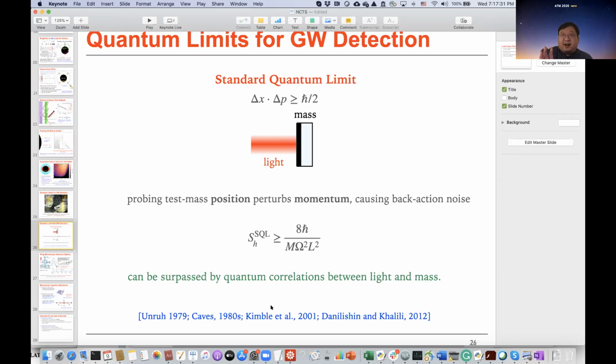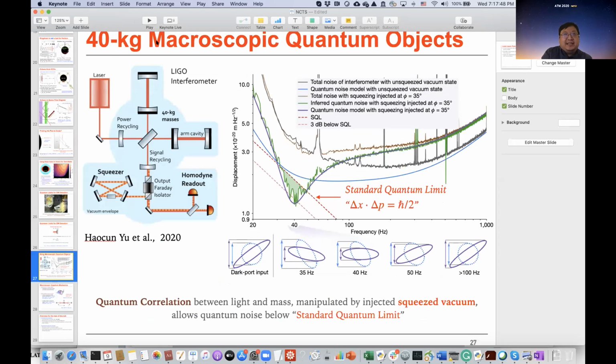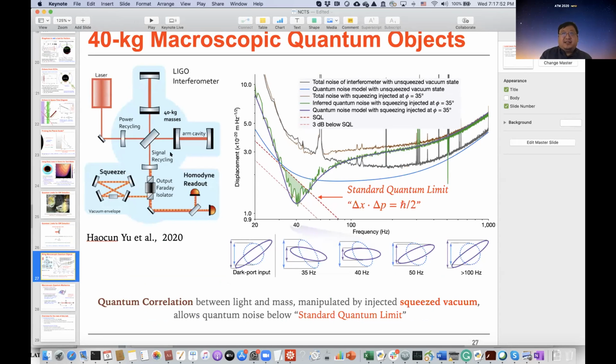As it turns out, this kind of limit can be surpassed by establishing quantum correlations between light and masses. The theory of this has been proposed in the past 20 years, I guess, but it's only more recently that experimentalists in LIGO have achieved such a situation.